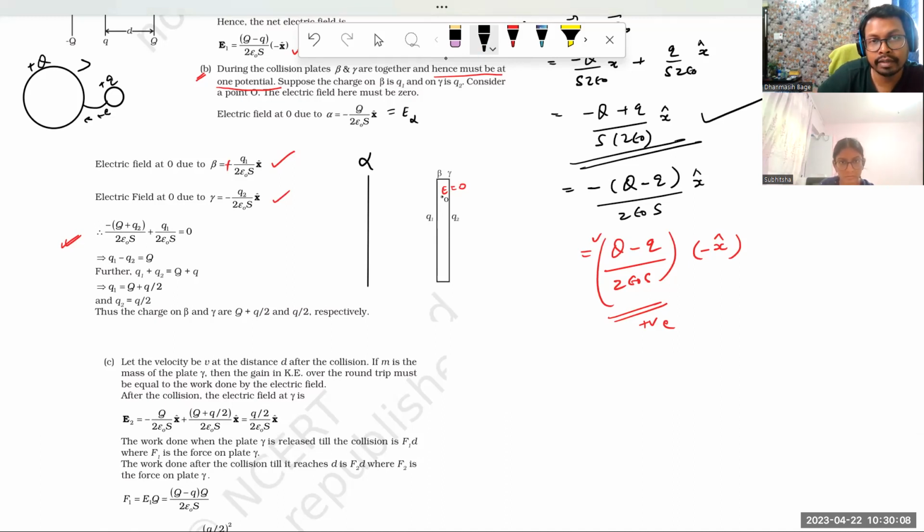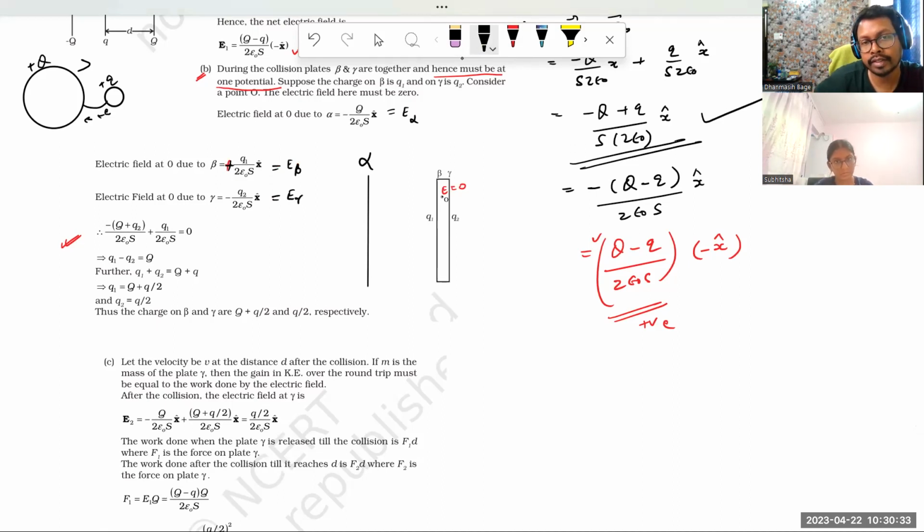Let us say that this is E beta, and this is E gamma. So there is only one mistake in this problem. This should be positive.